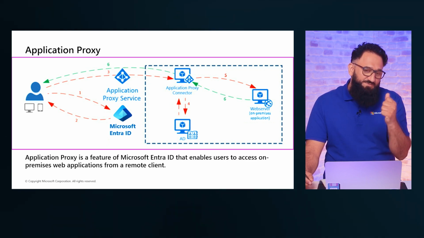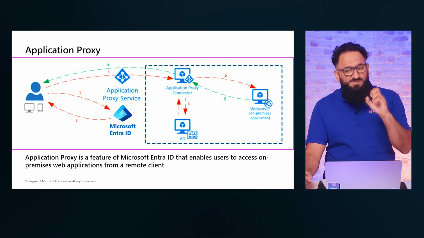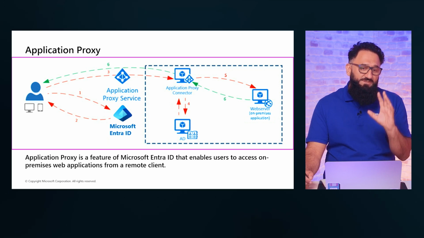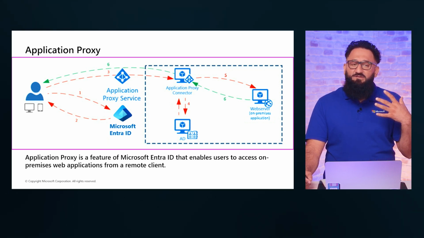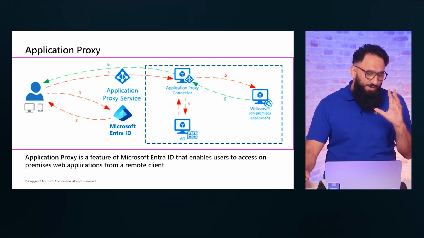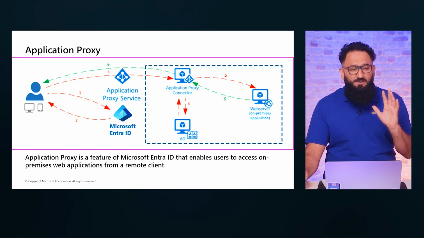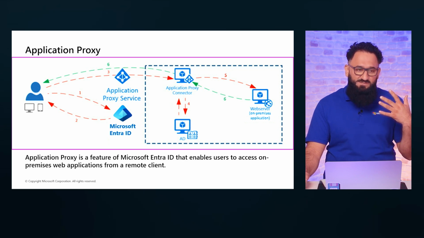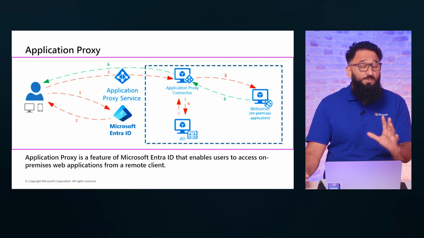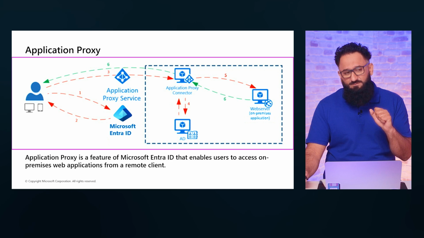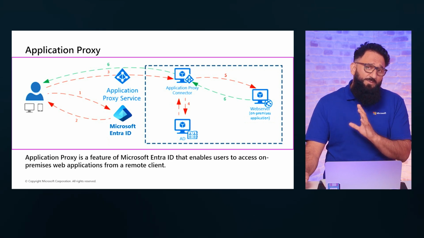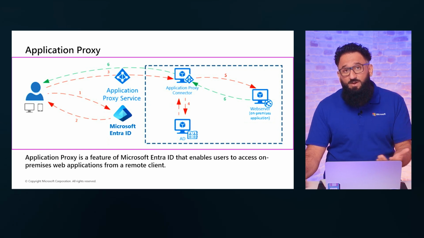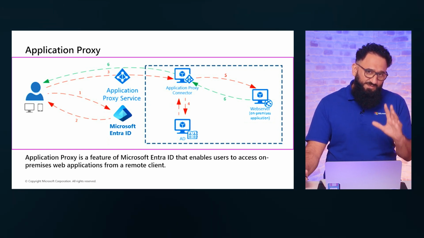First of all, this particular feature allows me to access applications that are probably sitting on-prem, and for whatever reason, we are not migrating them into the cloud. Either it's a legacy application, or for security purposes or internal procedures we don't want to move this app from where it is, or maybe we can't. So we still want people to be able to connect to it and work with it. However, the app resides on-prem.